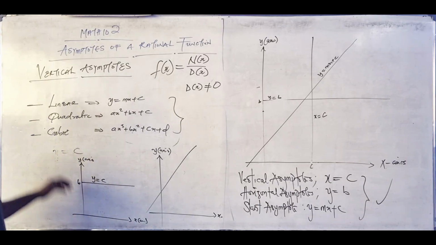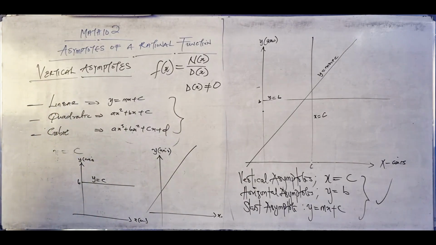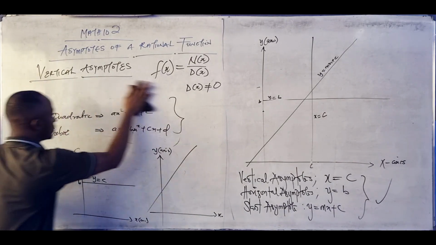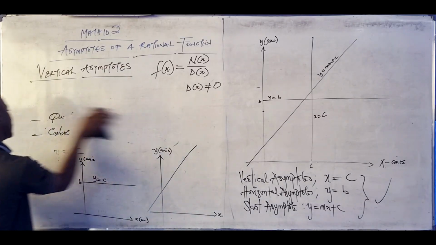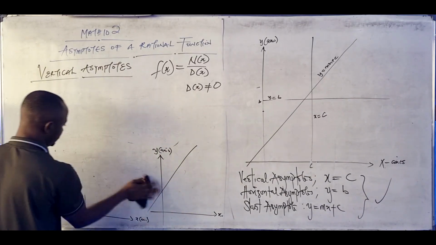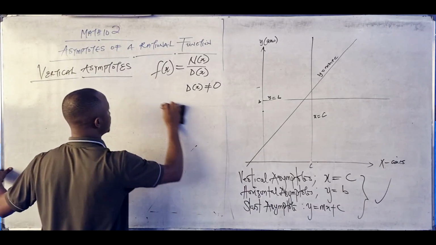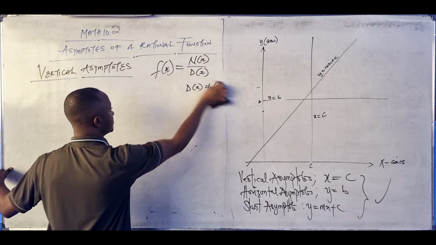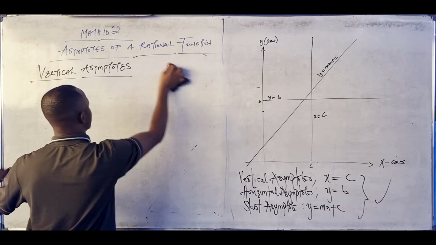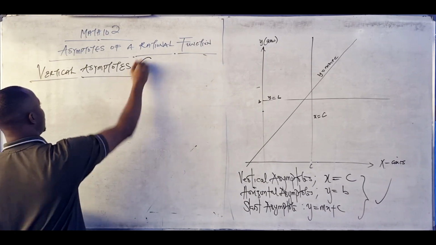Now, let's go into our vertical asymptotes. Vertical asymptote of a rational function, which is n(x) over d(x), of a rational function.